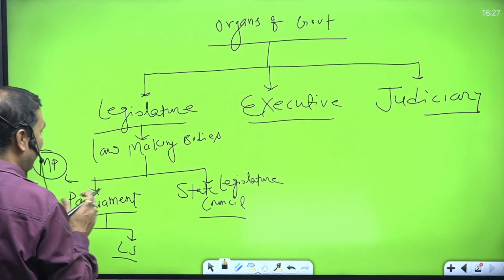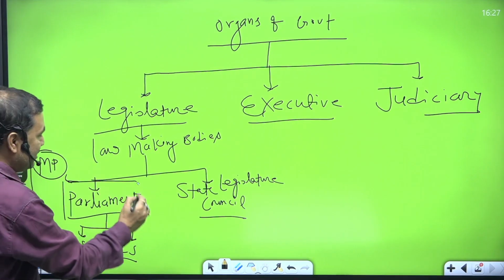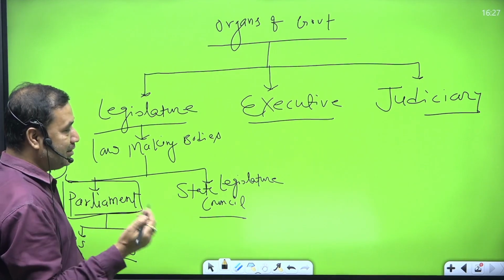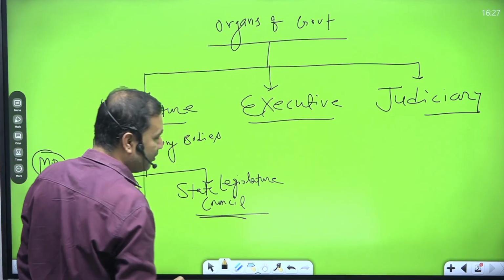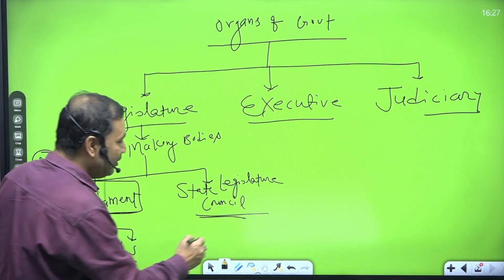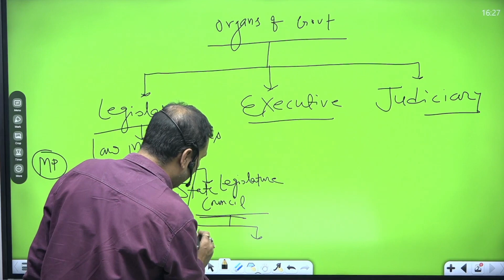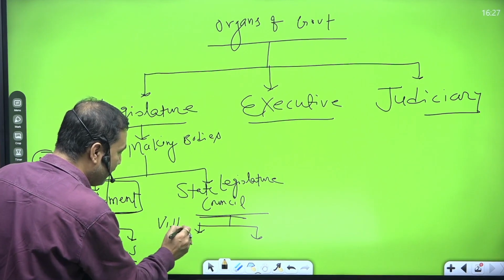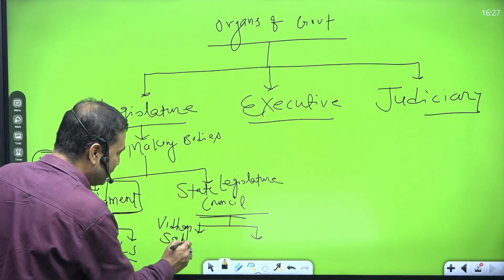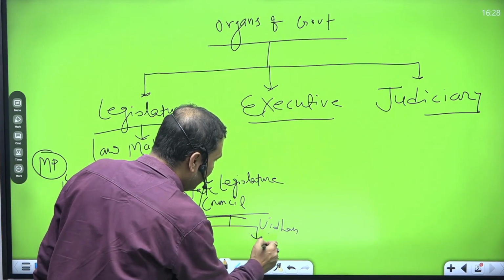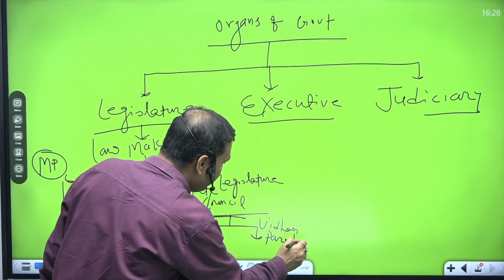The parliament is a legislature, and in the provinces the state legislature is also a law making body, also bicameral: Vidhan Sabha, the legislative assembly, and Vidhan Parishad, the legislative council.